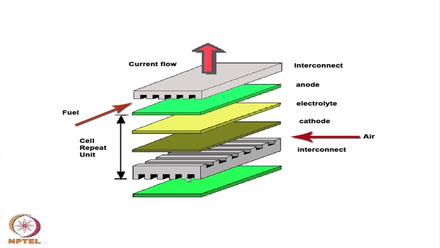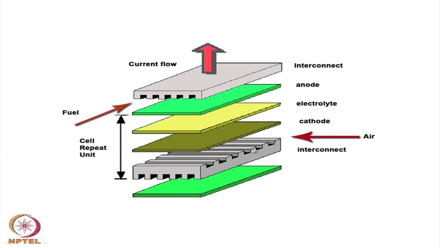So, this is one gas, in contact with the cathode. This is the oxygen side, and below this is the anode side. So, this is fuel. The interconnect is connecting the anode from one cell to the cathode of the other cell.